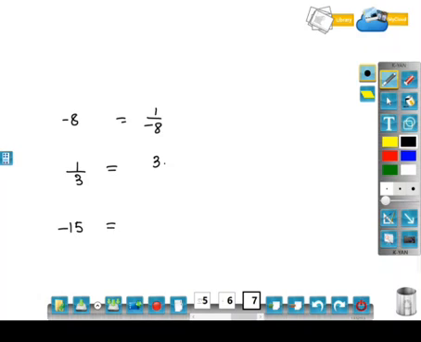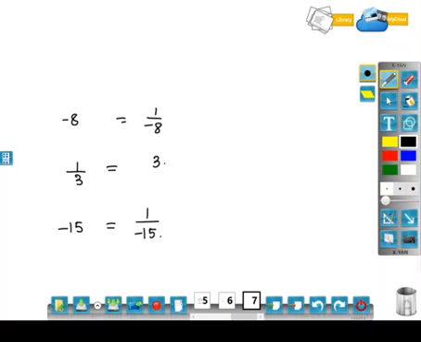What is the multiplicative inverse of minus 15? Multiplicative inverse, I'm not asking about additive inverse, I'm asking about multiplicative inverse. So most of you have given the correct answer. The multiplicative inverse of minus 15 will be 1 by minus 15. Today we have discussed 4 topics: additive inverse, additive identity, multiplicative inverse, and multiplicative identity.